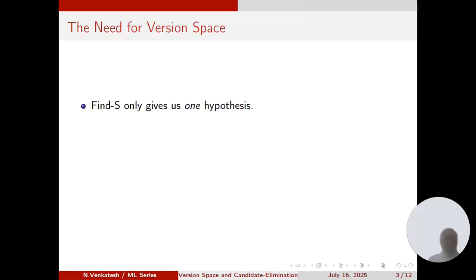Find-S gives only one hypothesis, but if there are multiple hypotheses, they may generalize well compared to a single hypothesis. So let us consider a simple description: my friend likes bananas, my friend likes mangoes. From that description, if you have to get a general rule, one general rule might be: my friend likes yellow color fruits.